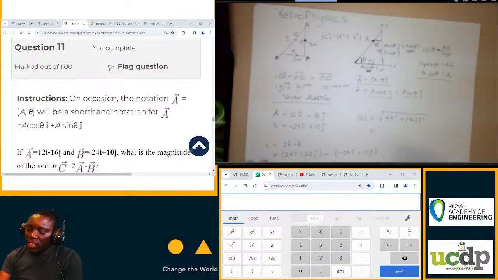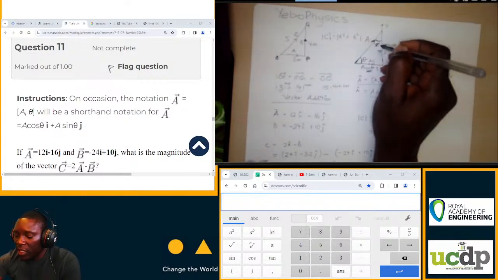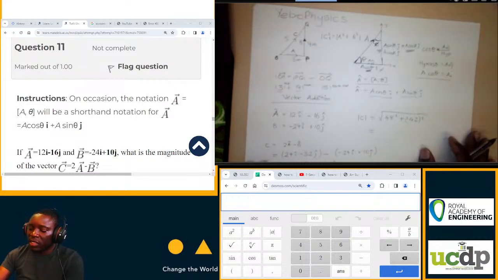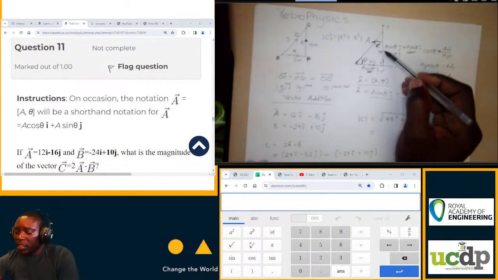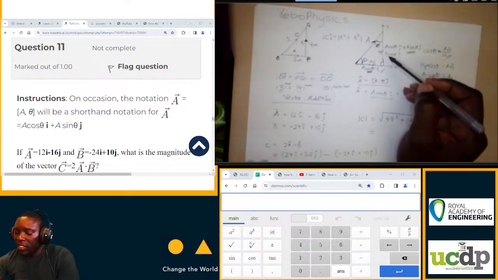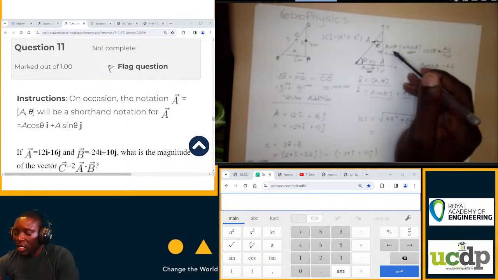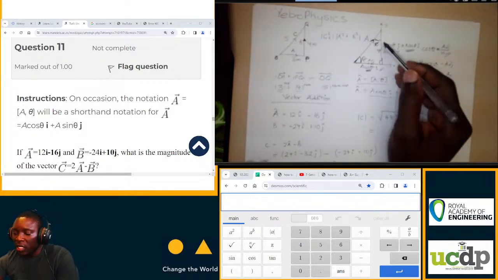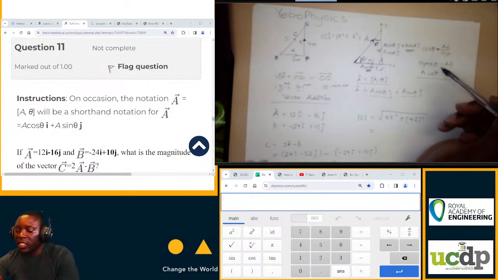But if we change and our angle is phi, this is phi, different from theta, which means the angle that adds to theta to give 90 degrees. Then the adjacent now changes. The adjacent is now the vertical. So A cos phi in the j is now the cos phi component, because it is subtending the angle phi with the vector, right?